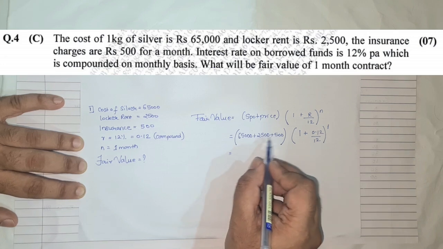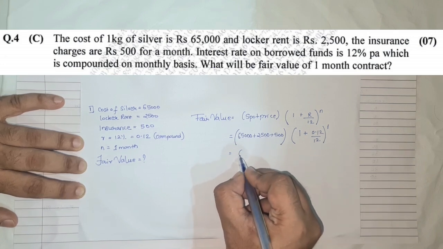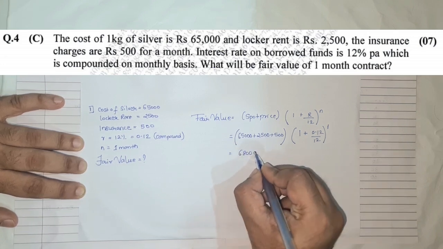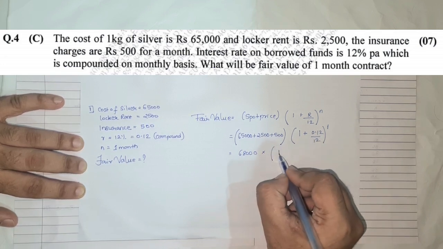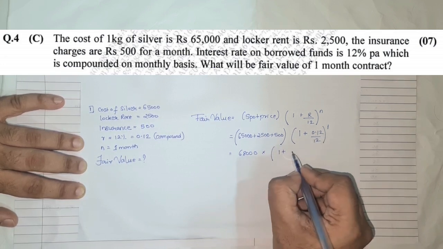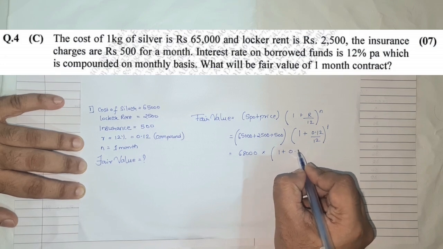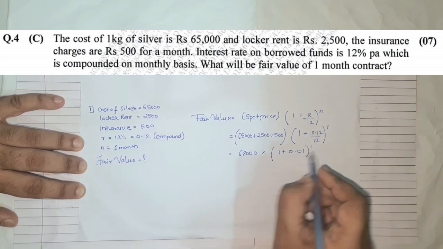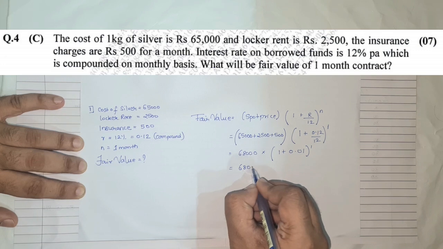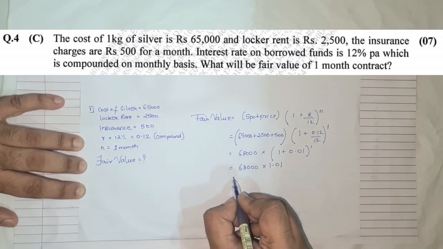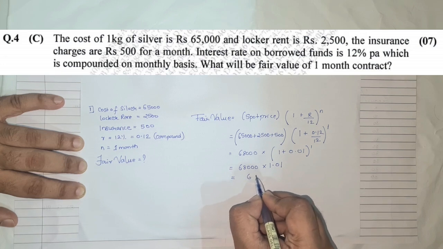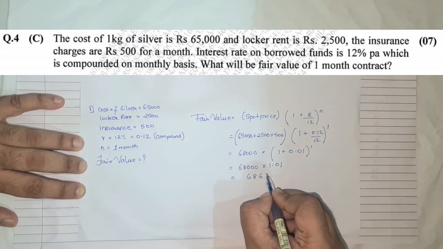So 65,000 plus 3,000 is 68,000 into, now 0.12 divided by 12 is 0.01, raised to the power of 1. So that is 68,000 into 1.01. So when you multiply, you get 68,680.